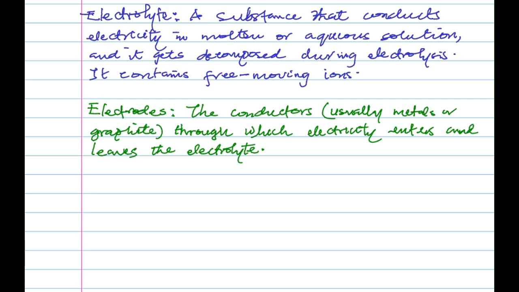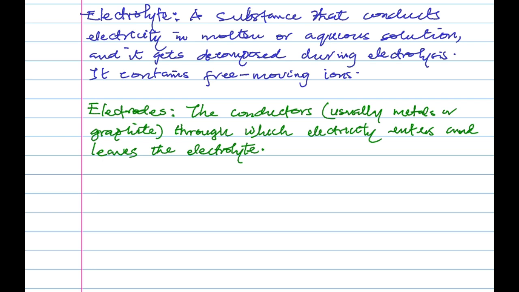So this will bring us to another term that surrounds electrolysis. We talk about electrolysis, we defined electrolyte, and now we're looking at electrodes. Electrodes are just conductors. They can be metals, they can be graphite. Remember, graphite is a form of carbon that conducts electricity, so it can be used as an electrode.